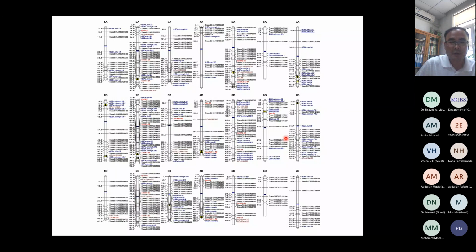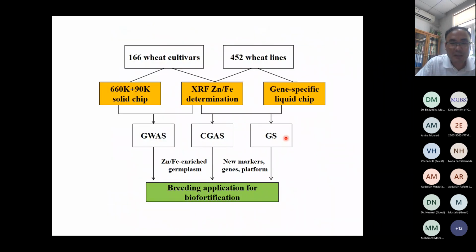With this picture, we can know which chromosome is important for biofortification, and which genes can probably be useful in breeding. We have 452 wheat lines. We selected 166 of them and genotyped them with two genotyping chips, 660K and 90K, which are different SNP chips, so we have high-density molecular markers.